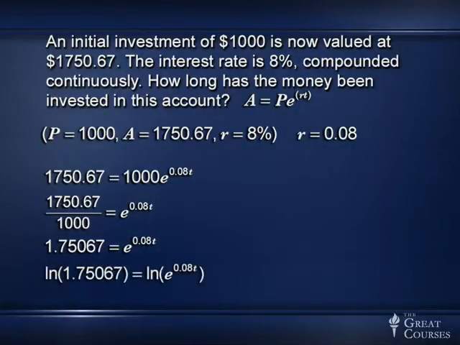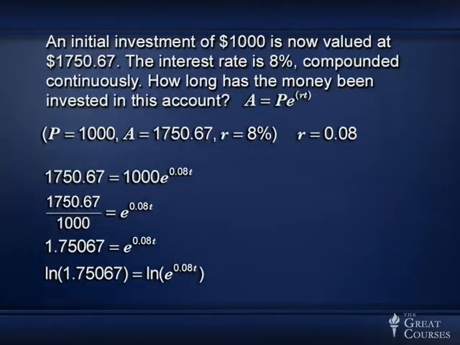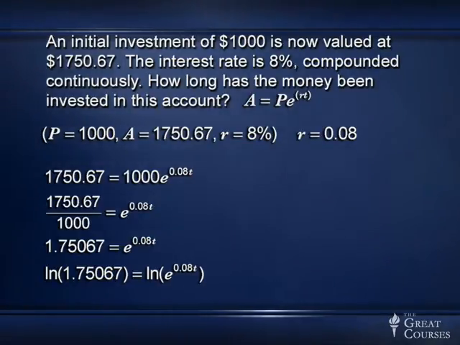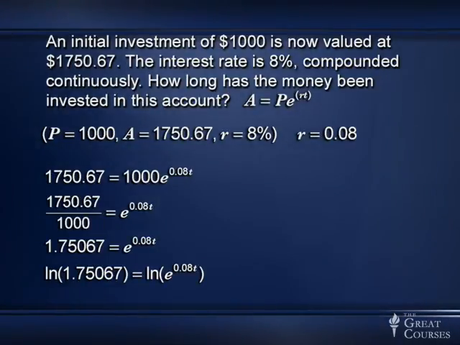Well, I'm going to apply the natural logarithm function to both sides. And when I take the natural logarithm of both sides, I'll have ln of 1.75067 equals ln of e to the 0.08t. And the ln and the e counteract one another, if you will. They are inverses of one another.